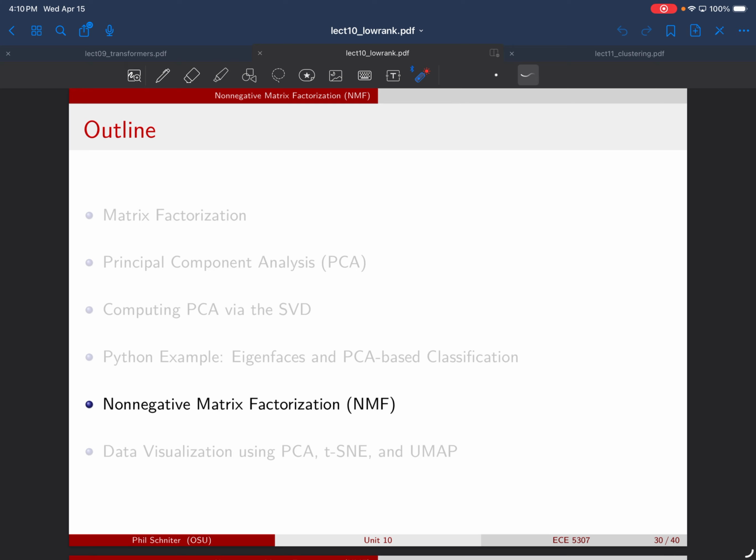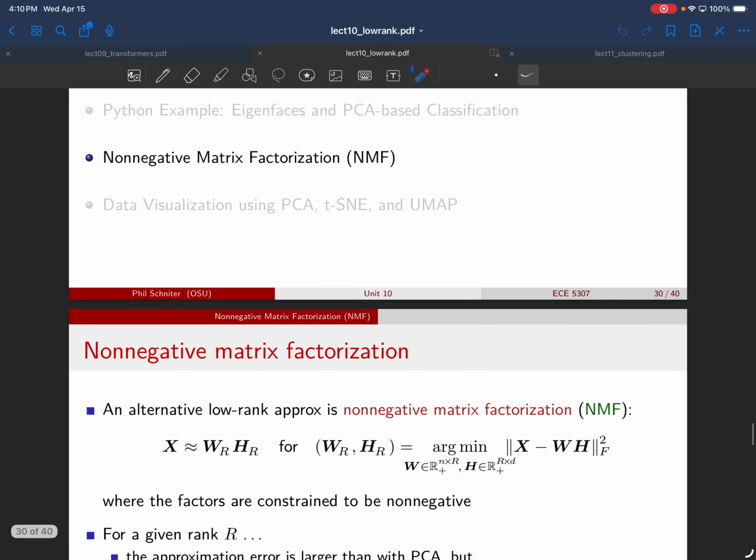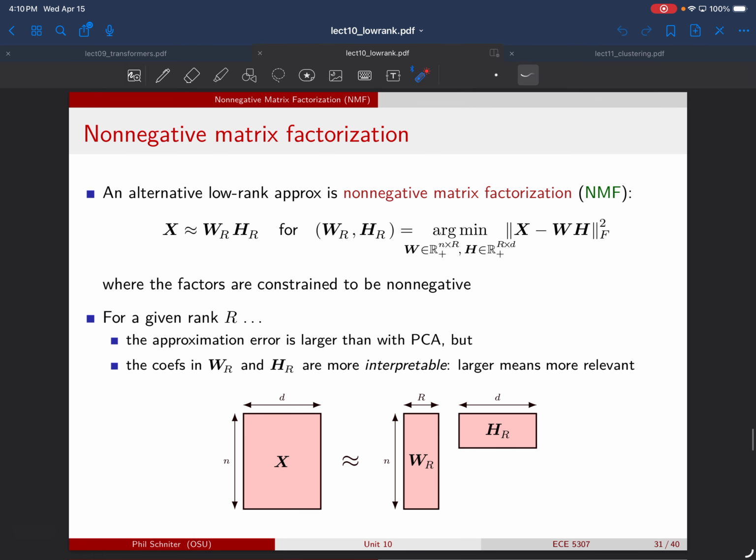We have been talking about one kind of matrix factorization, which is PCA or SVD, and now we're going to talk about a different one called non-negative matrix factorization, or NMF. At a high level, it's quite similar.